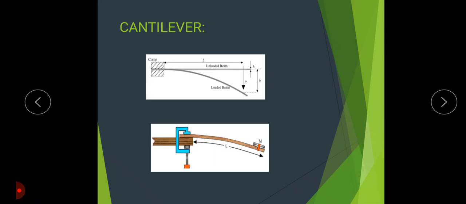Next, cantilever. A cantilever is a rigid structural element that extends horizontally and is supported at only one end, that is, it is a beam fixed horizontally at one end and loaded at the other end.